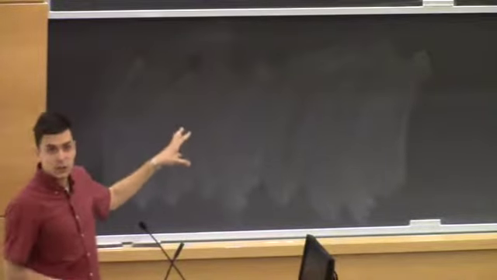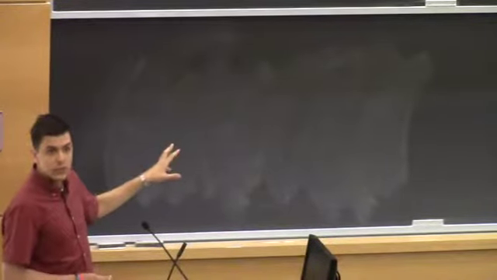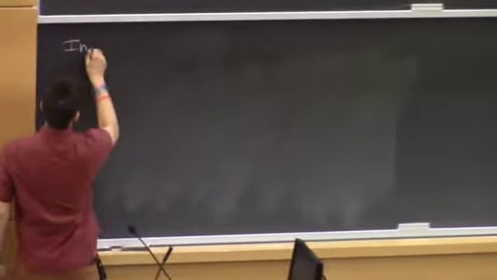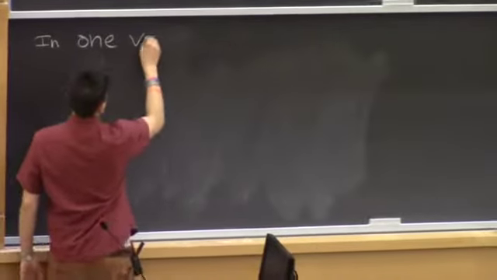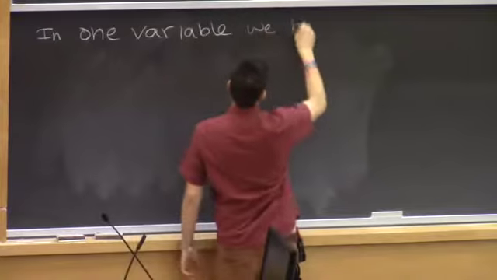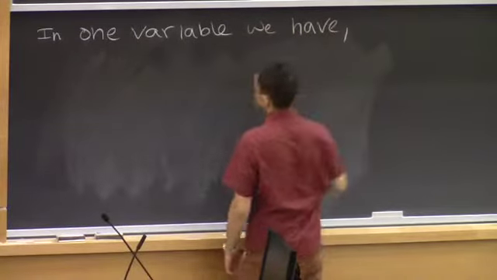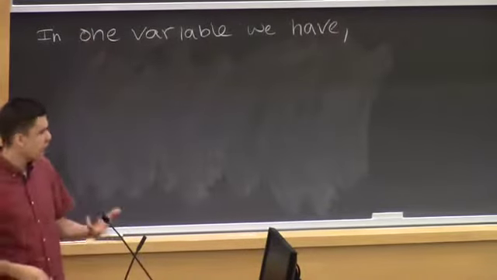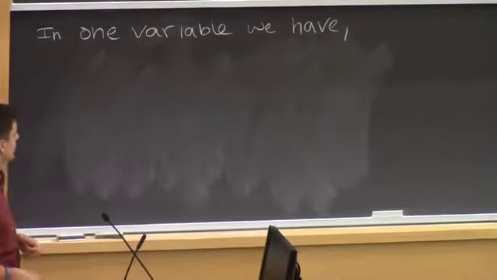I want to talk a fair bit about the Taylor polynomials in one variable, just so that we really have a feel for what's going on in one variable. And I want to follow the notation that the book uses a little bit closer than we did last lecture.